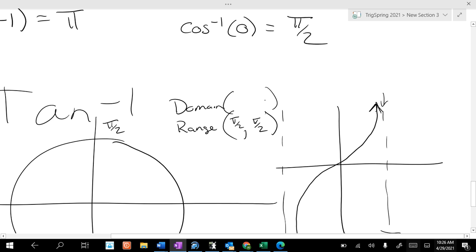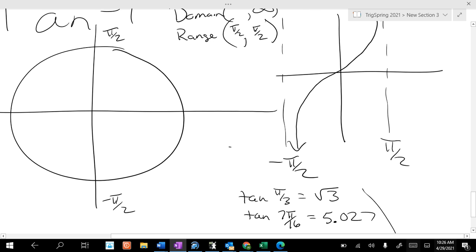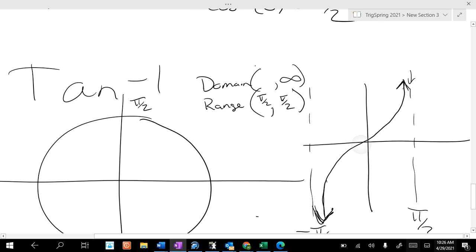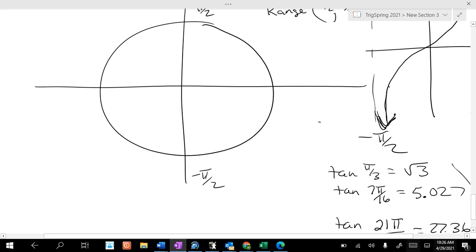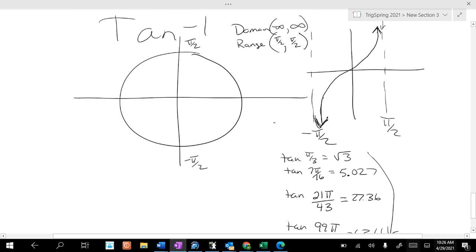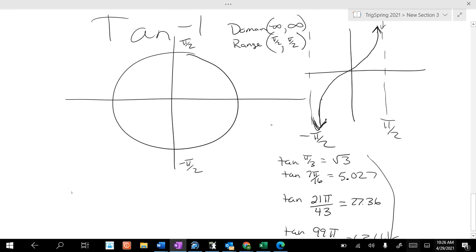So the domain goes to infinity here. Where does this part of the domain go? Negative infinity. So now I'm not going to worry so much about the infinity, negative infinity. I'm just going to focus on the big stuff here. So let's get back to stuff you can handle.